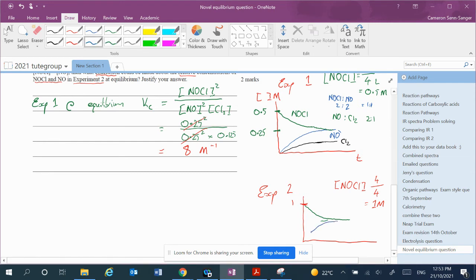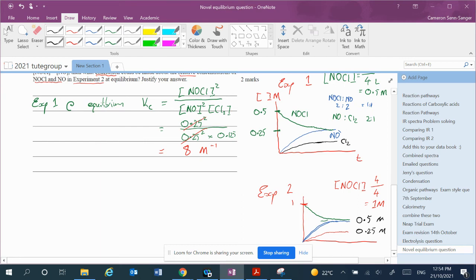And again, the chlorine would be half as much again. So if we work out the values for these, this would be 0.5, and this would be 0.25.